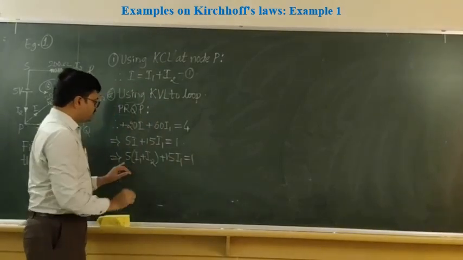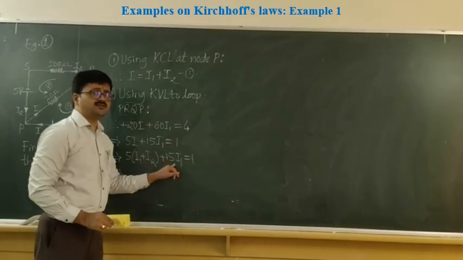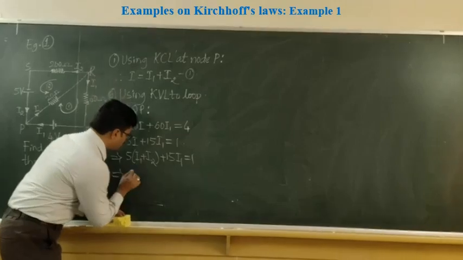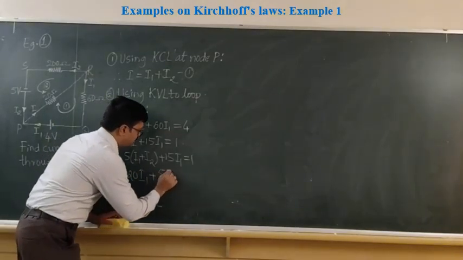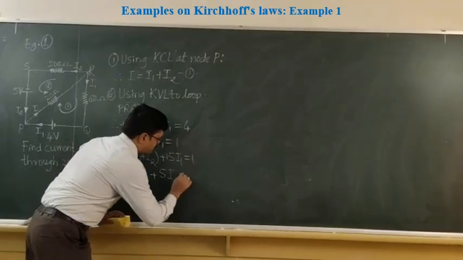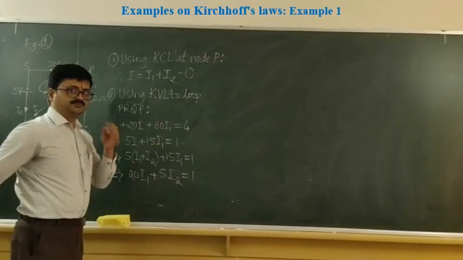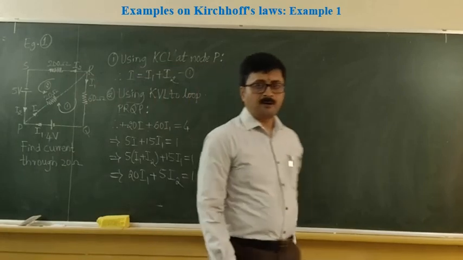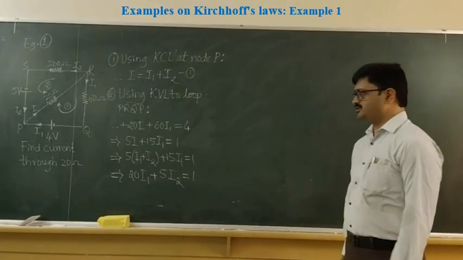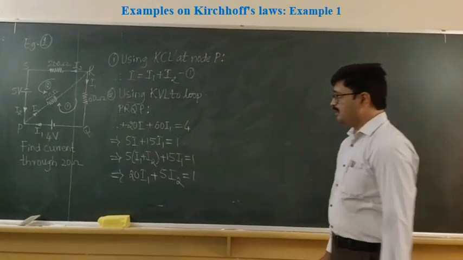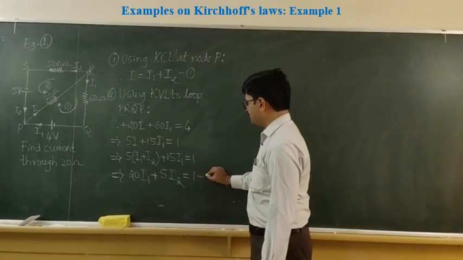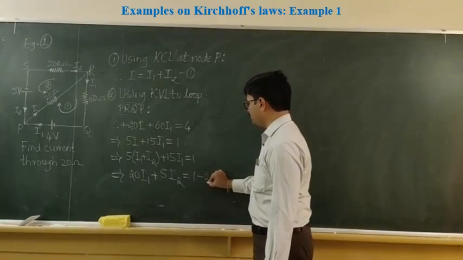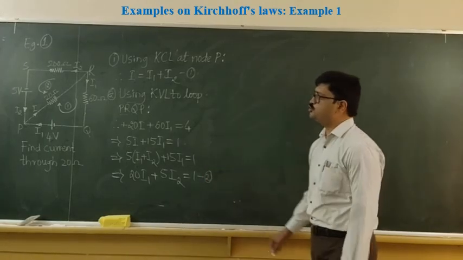Now as you can notice, 5 I1 plus 15 I1 is how much? 20 I1. So I will write this as 20 I1 plus 5 I2 is equal to 1. I suppose you can follow this. So now this is our next equation, that is equation number 2.